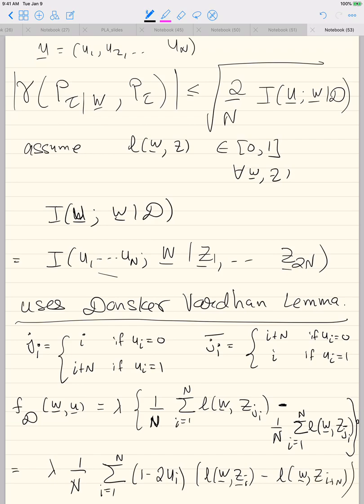It's the same thing. So what this is saying is, if u_i is 0, then I have L of w and z_i minus L of w and z_{i+n}. Because this is in the training set, this is not in the training set. If u_i is 1, then i plus n is in the training set and i is not. So this difference has to be flipped, and this trick does it. So these two are identical.